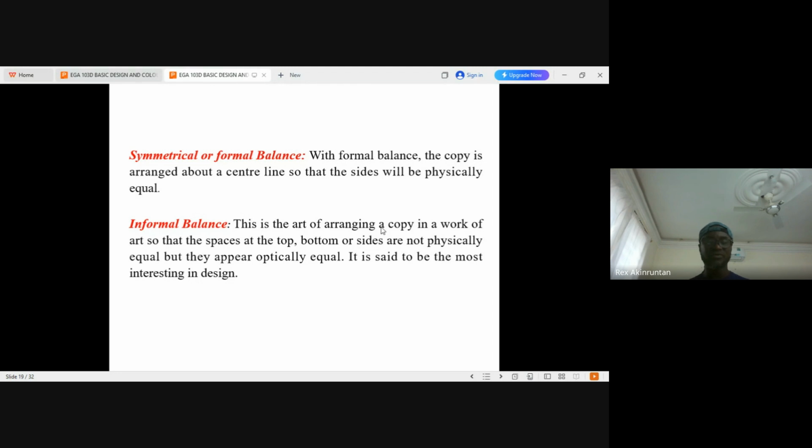In informal balance, as much as it's the same jacket that has been split into two, it's still not balanced, because from the optical point of view, this side is red and this side is white, and obviously one side has much more weight than the other.